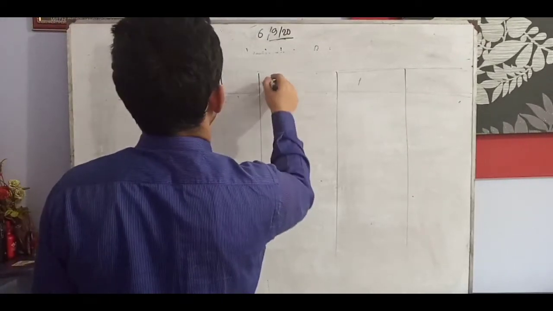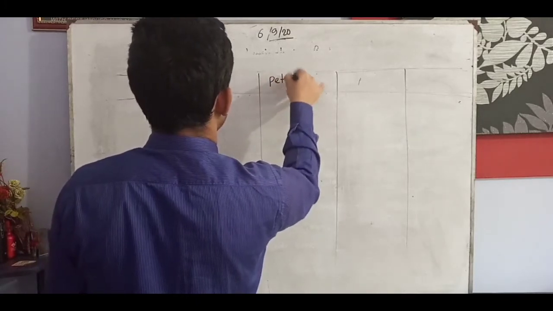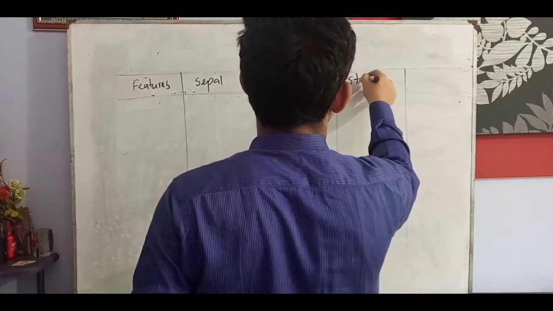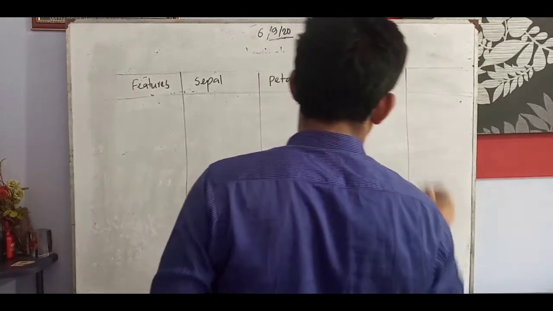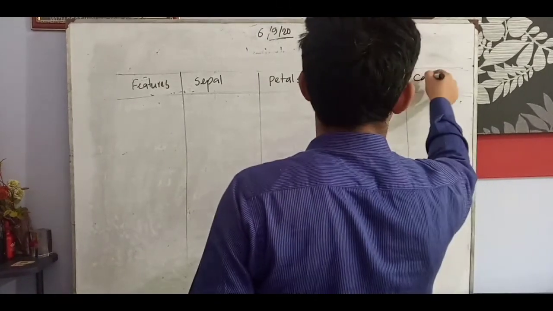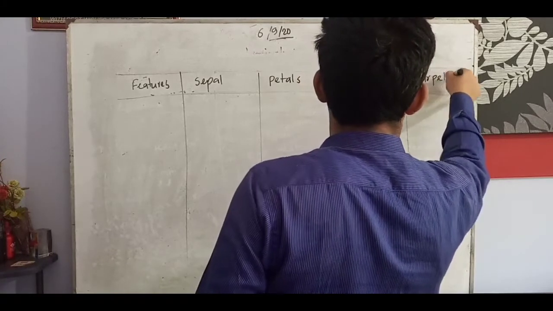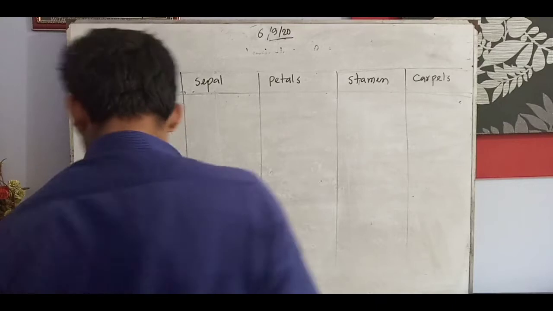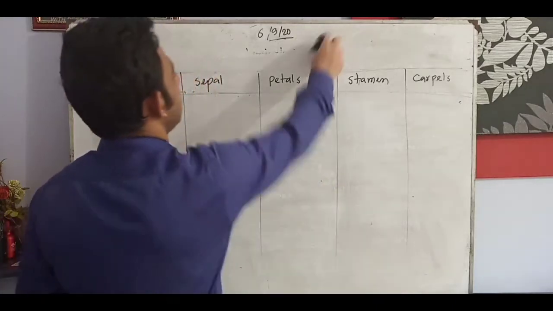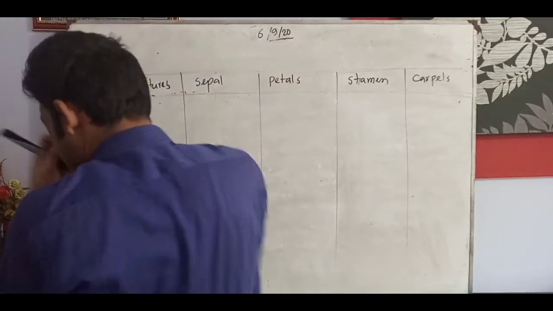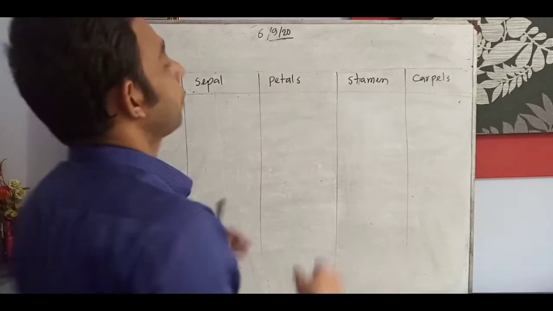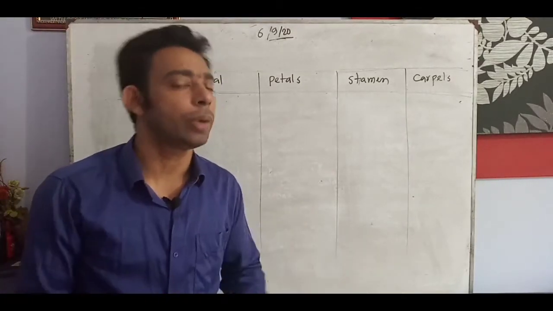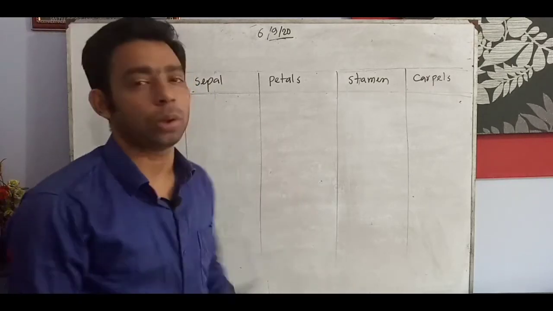Then petals. Then stamen, and then carpels. Okay, so this is the easiest way of learning science. If we make this comparison list, section wise, for getting the features to study, we can easily get them in this way.